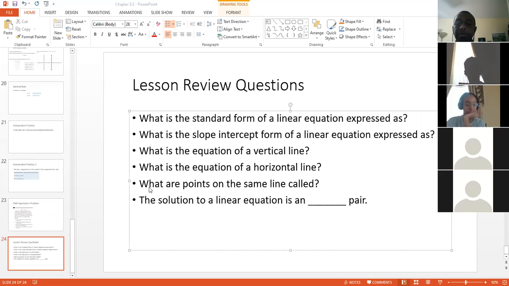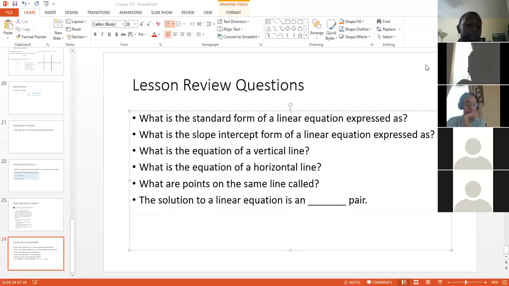Okay, next question. What are points on the same line called? You can put this in the chat. I think we went through this on Tuesday as well. What are points on the same line called? No one?